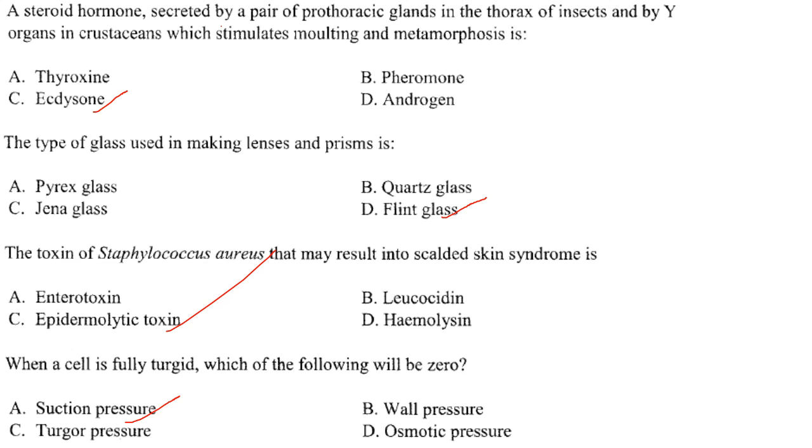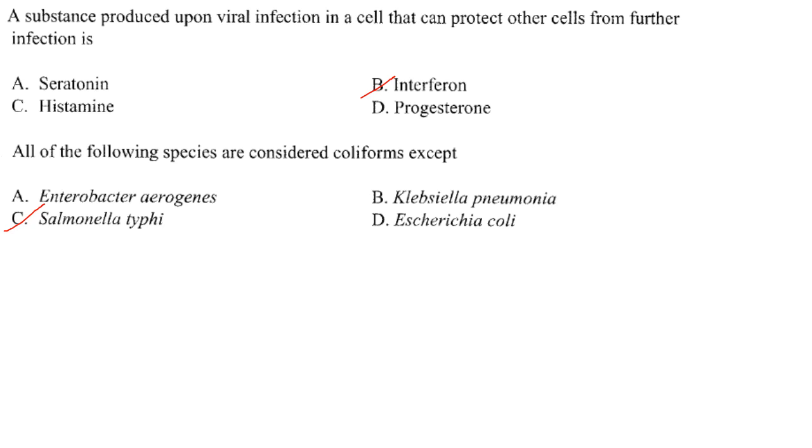Answer is option A. Then next one. A substance produced upon viral infection in a cell that can protect other cells from further infection is... So it is interferon. Answer is option B. Then all of the following species are considered coliforms except Salmonella typhi. Answer is option C.